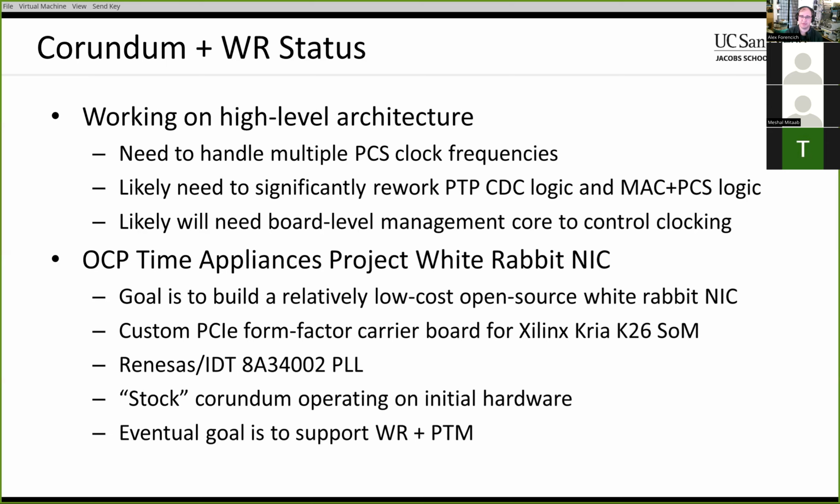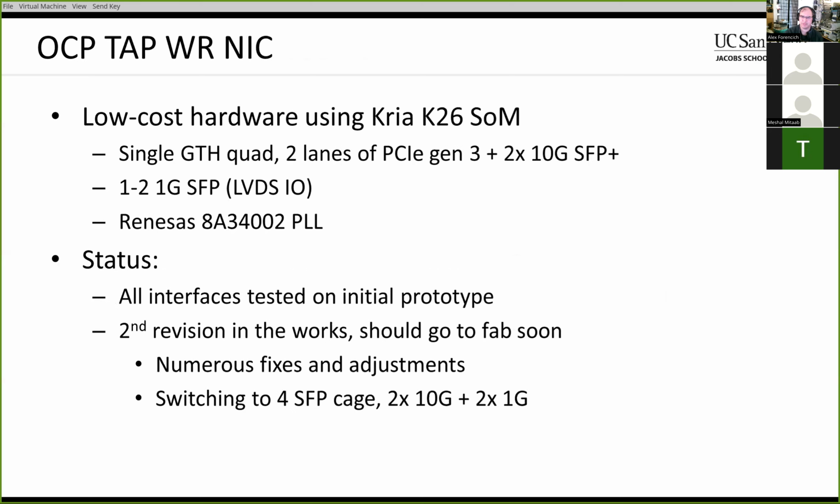And right now we have stock Corundum running on it. Once we get White Rabbit and potentially PTM implemented, then the idea is that all that will run on this card. So let me present a few more details about this thing because I mentioned it the last time, but didn't have any pictures of it handy.